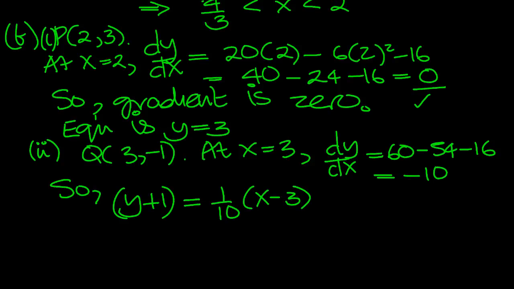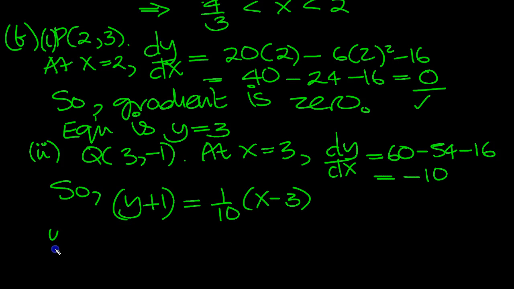So that's that. Now we know y equals 3 at P. That's the straight line. Y equals 3. So that's our other equation, the tangent at P, and this is the normal. So this is equation 1. This is equation 2.